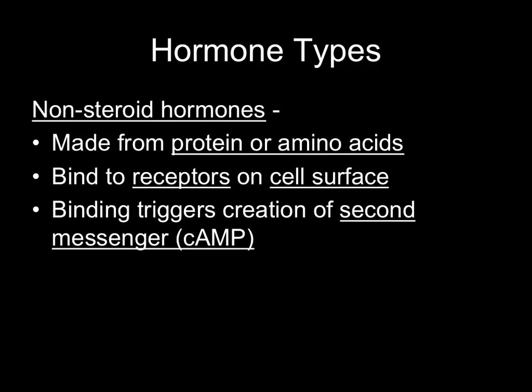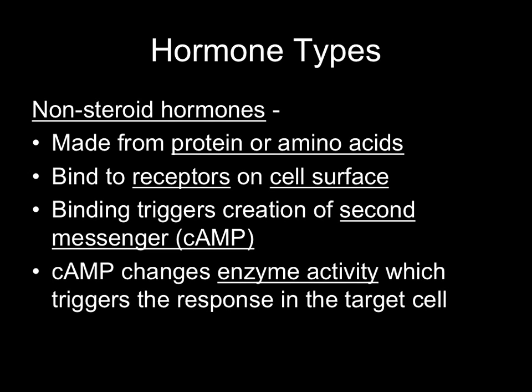The C means that the AMP is actually in a circle, and ATP has 3 phosphates, adenosine triphosphate, whereas this molecule only has 1, so that's why it's kind of a cousin. What this cAMP does is it changes the enzyme activity. In other words, it finishes the delivery of the message of the hormone within the cell.